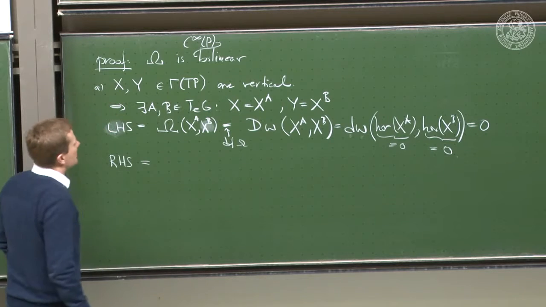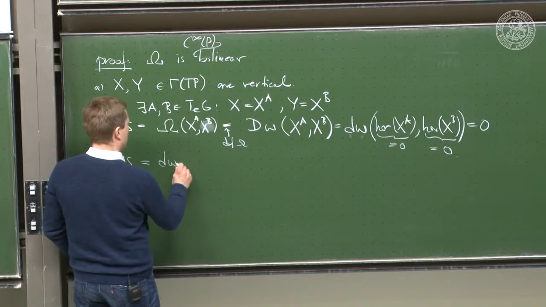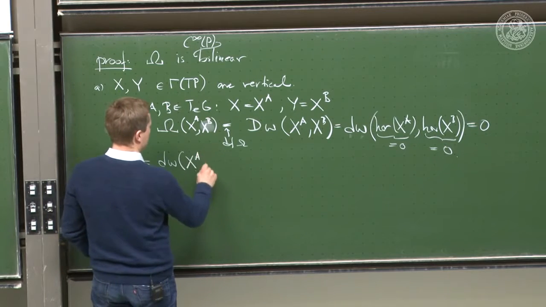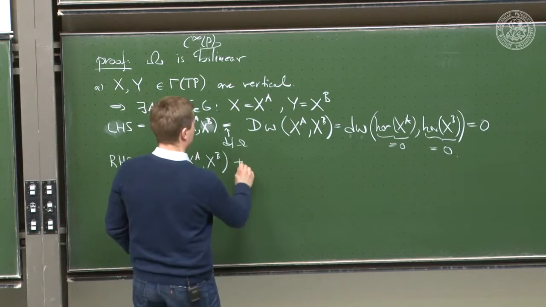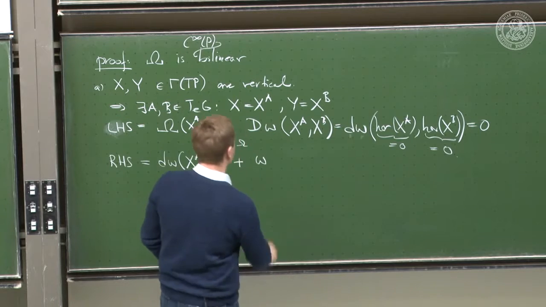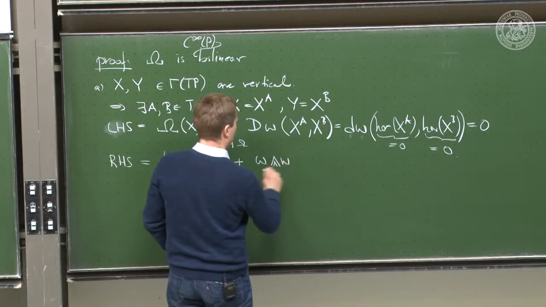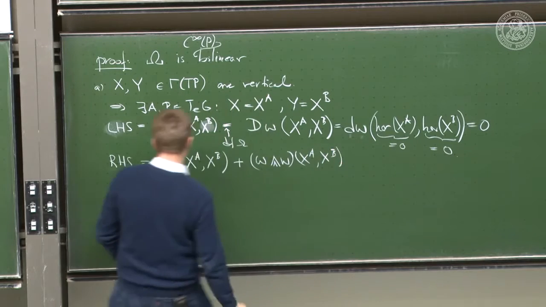So what's the right-hand side? Plugging in these vector fields, we have d omega of X_A, X_B plus omega double wedge omega of X_A, X_B. So what is this?